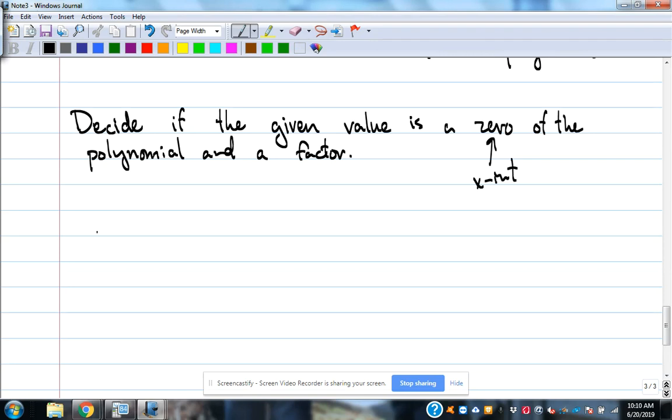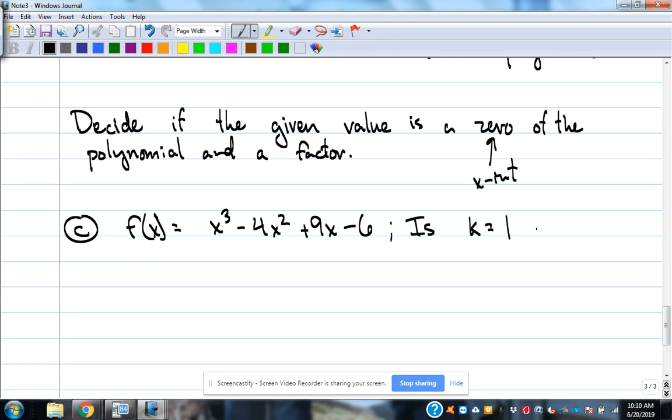Okay, so example C. Let's take a polynomial. F of x is equal to x to the third power minus 4x squared plus 9x minus 6. Is k equals 1 a 0? Same question would be, is x minus 1 a factor?